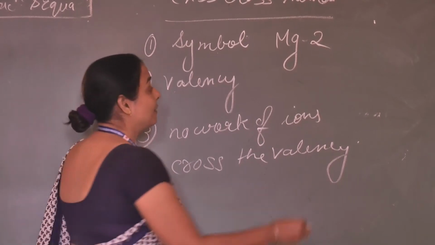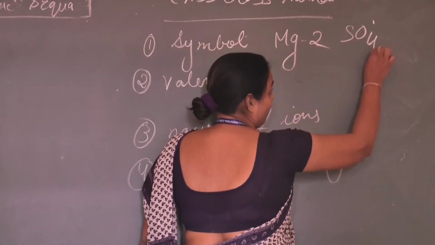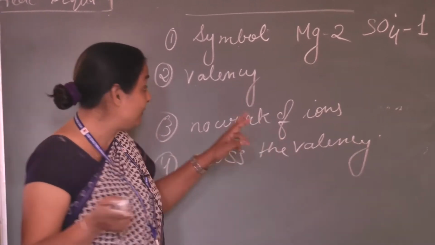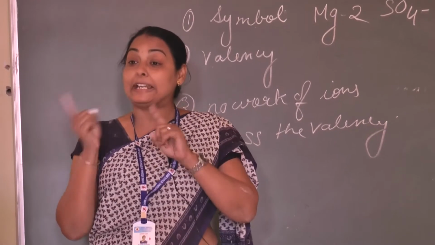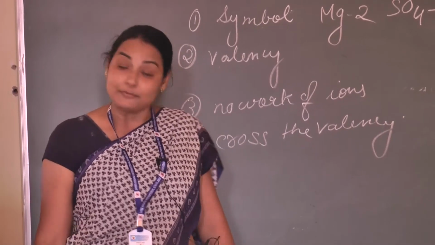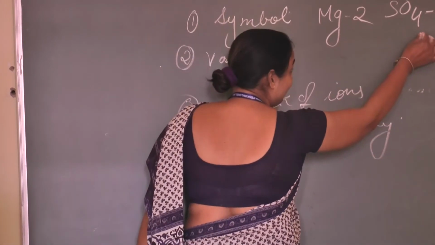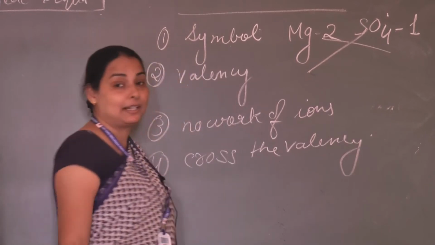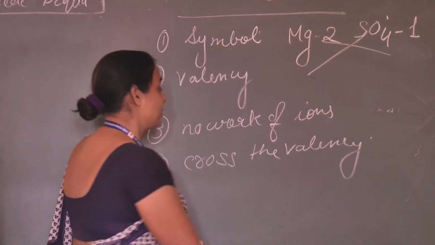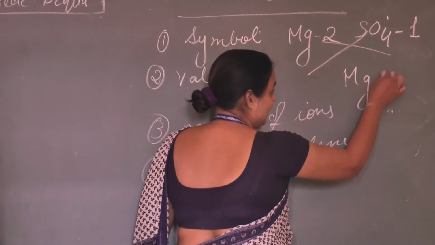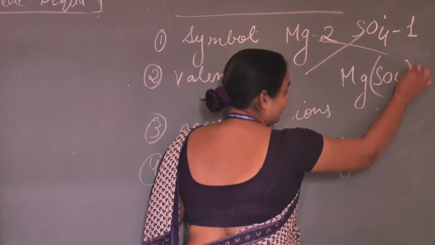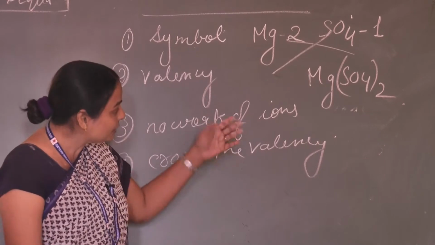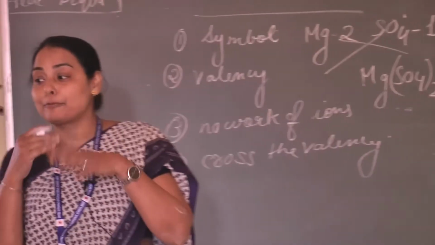Right, it's 2. So when we are making formulae, we are interchanging the valency. It means sulfate's valency goes to magnesium and magnesium's valency goes to sulfate. So it will be MgSO4. Right. So this is the only thing we have to remember.